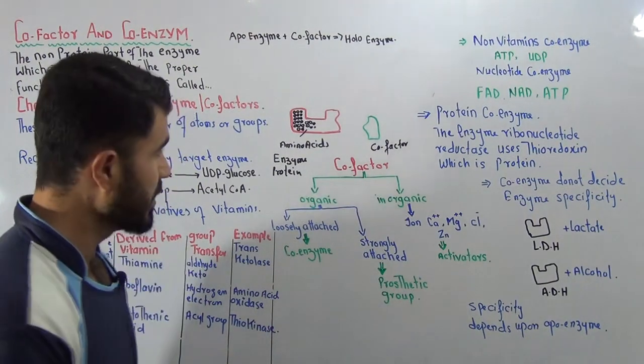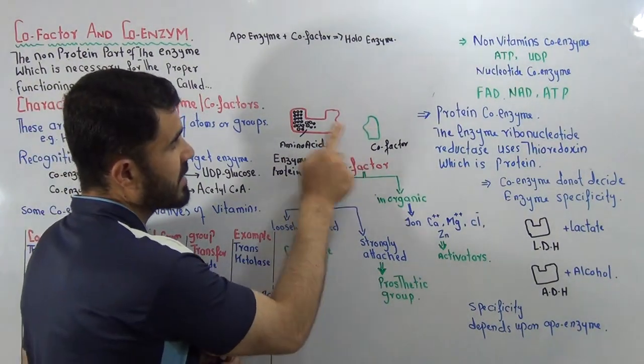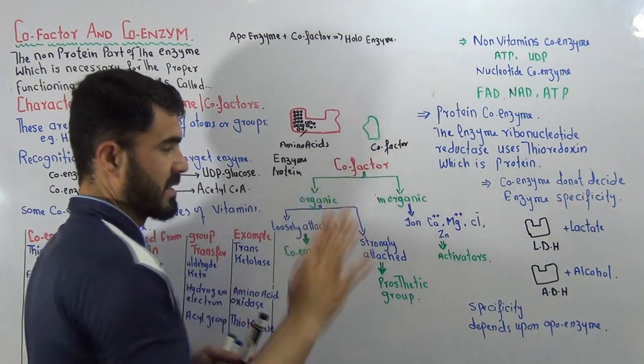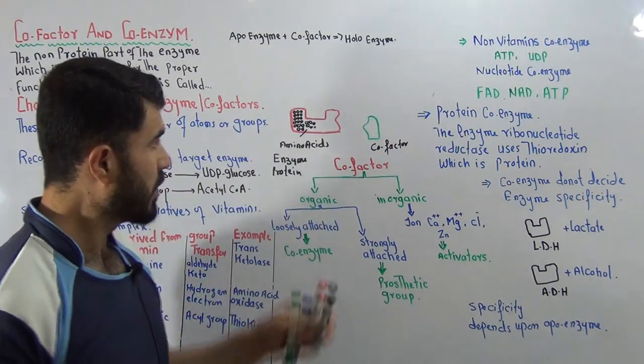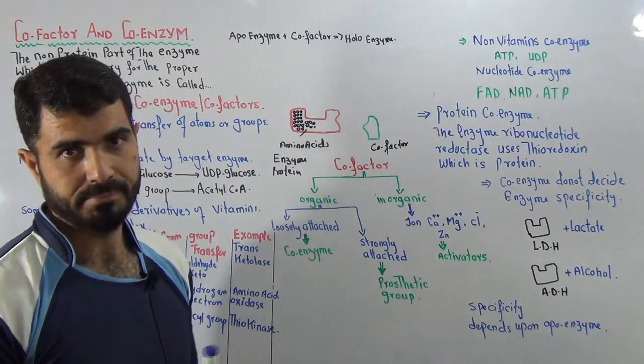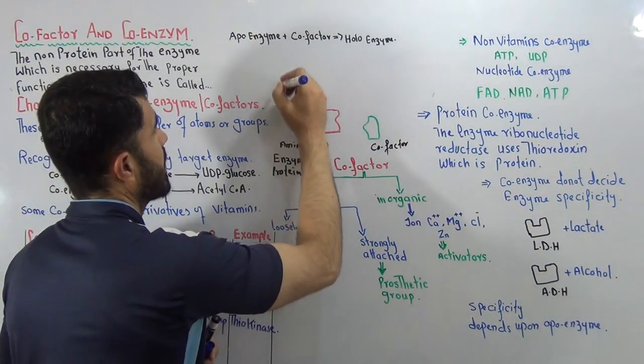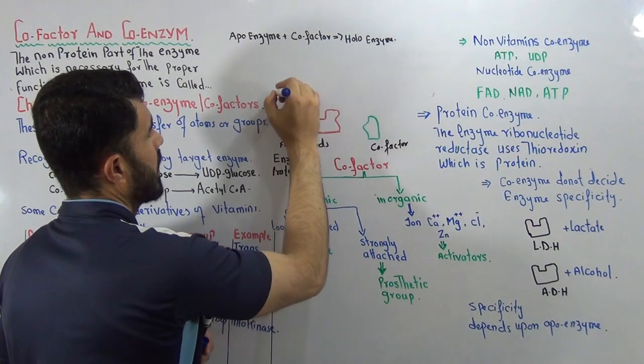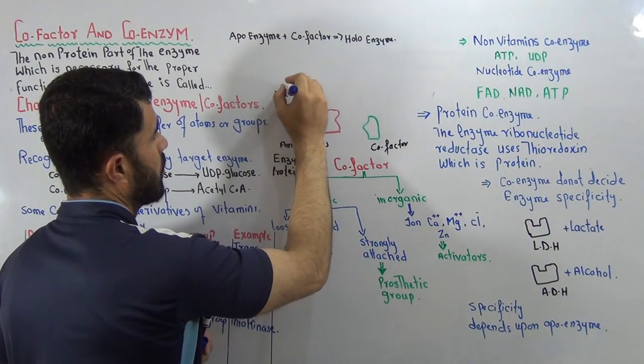function properly. Until the cofactor is attached, you can only call it an apoenzyme. I can write here: apoenzyme.